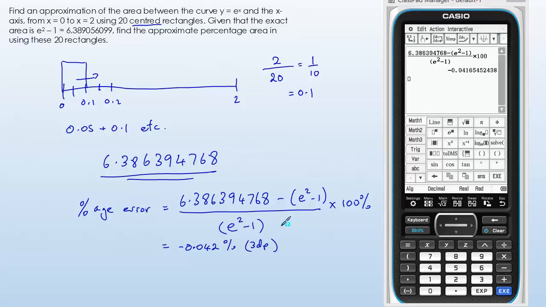So we didn't really need to use all the figures we used. And the negative tells us that it's an underestimate.